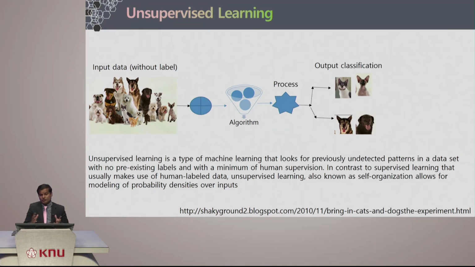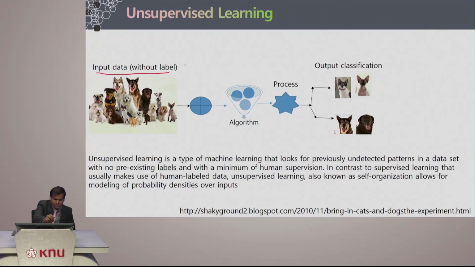In contrast to supervised learning that usually uses human labeled input, unsupervised learning, also known as self-organization, allows for modeling of probability densities over input. Yes, you have the input, but the input data are always without any labels.